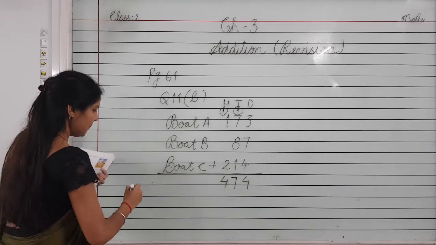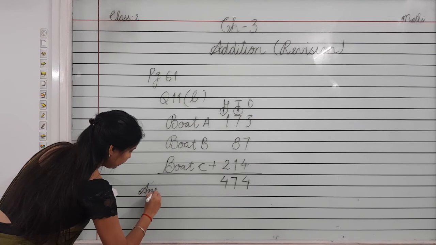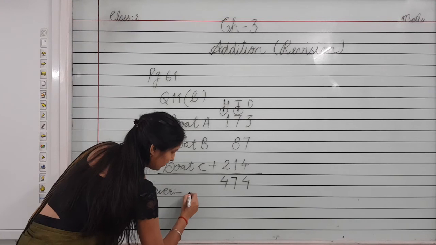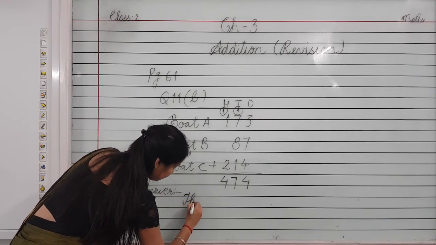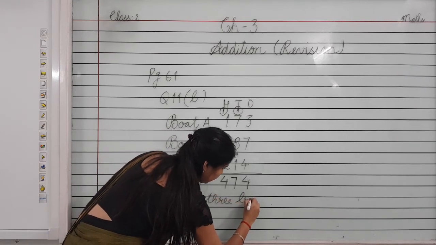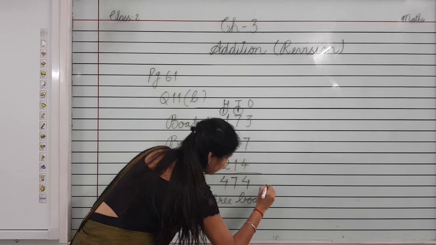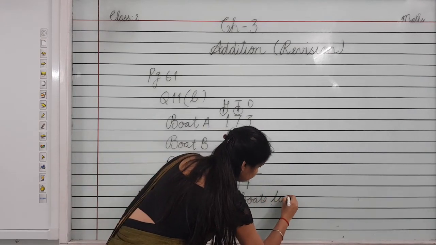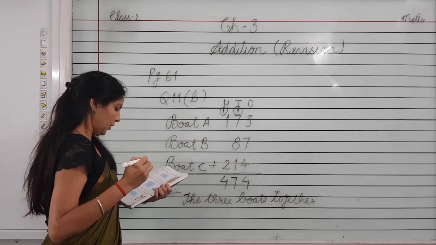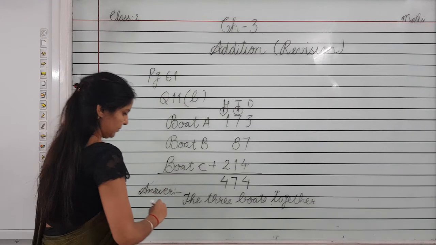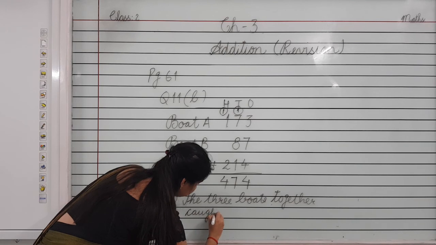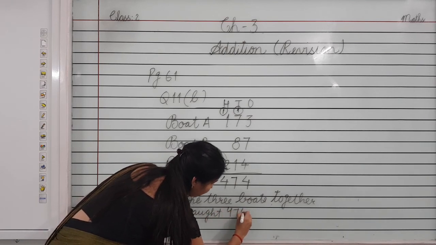So what is the answer? The answer is the 3 boats together caught 474 fish.